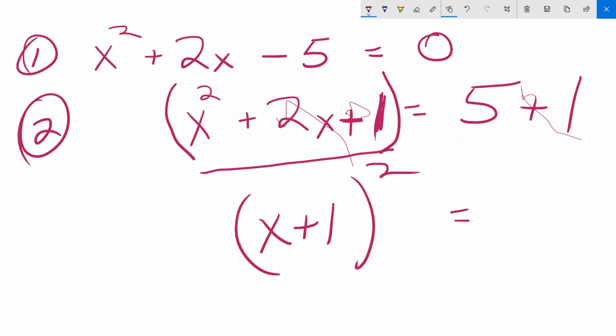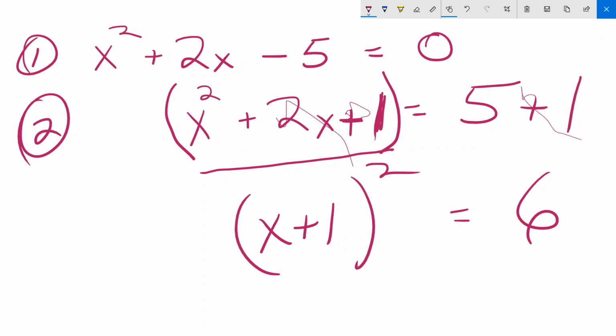Add together the right two terms, you get 6. Now, from this point, how am I going to solve this equation? What's the best way to do it? Divide both sides. Now, when you see one side of the equation squared and the other side not, best way to proceed is take the square root of both sides.